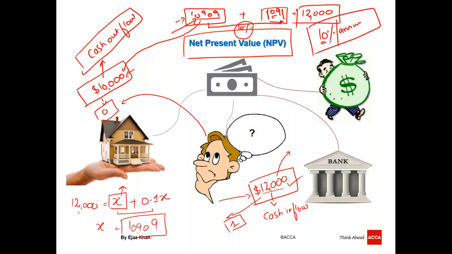So after year one, it will have to pay back its investors an amount equal to 10,909, and in a year's time it will also have to pay 10% of this investment, which is 1091, to its investors. So it means it will have to pay back a total of $12,000 to its investors, which includes the investment and the return on investment. So it will be $12,000, and this is exactly what will be generated from this project.